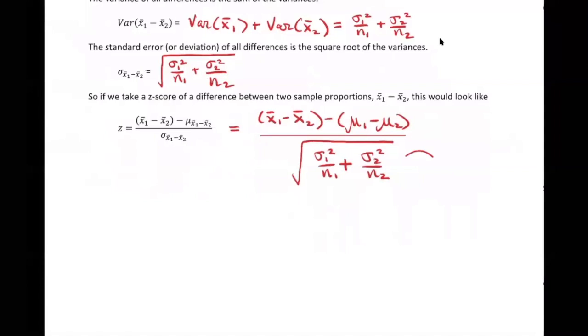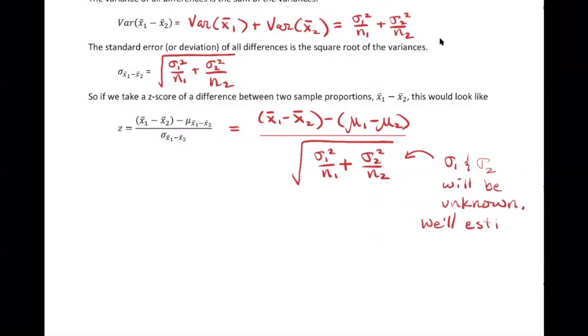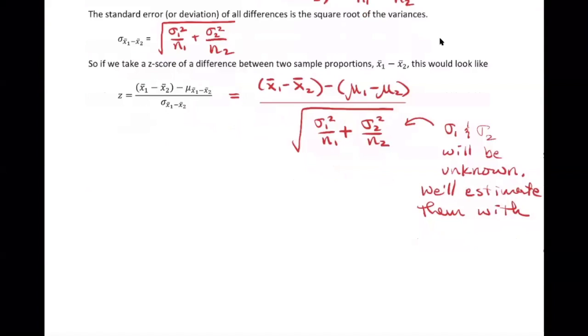Make a note on this one. Sigma 1 and sigma 2 will be unknown. We'll estimate them using sample standard deviations. So sample standard deviations are S1 and S2.